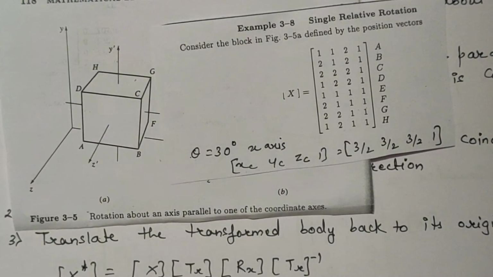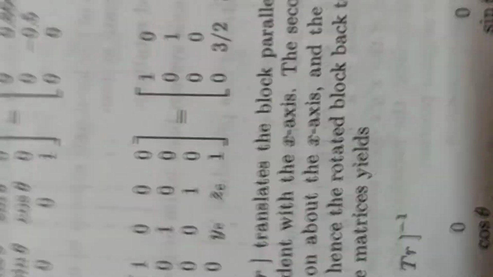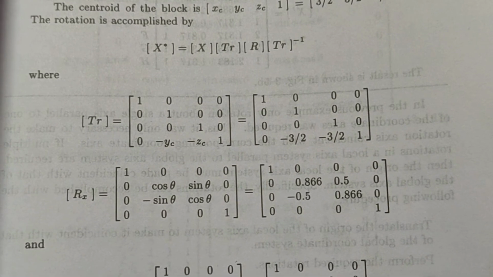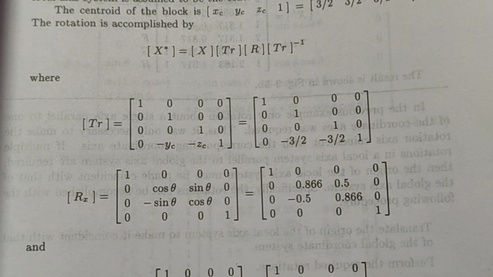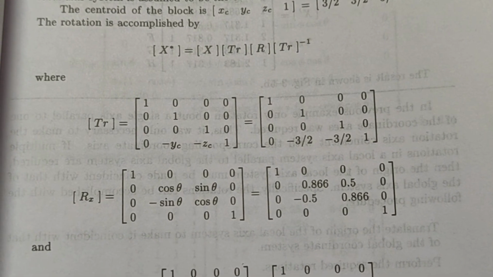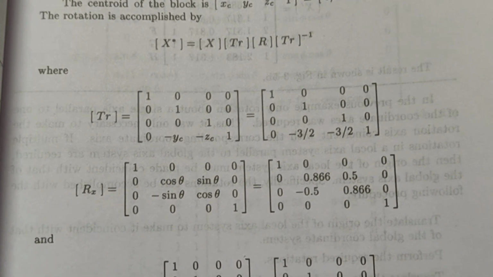So my translation matrix here will be 1 0 0 0, 0 1 0 minus YC, 0 0 1 minus ZC, 0 0 0 1.